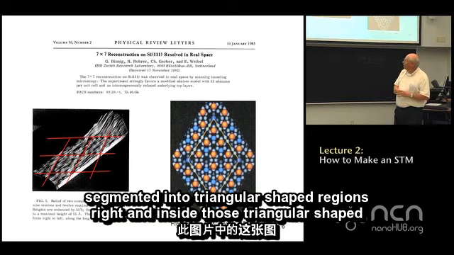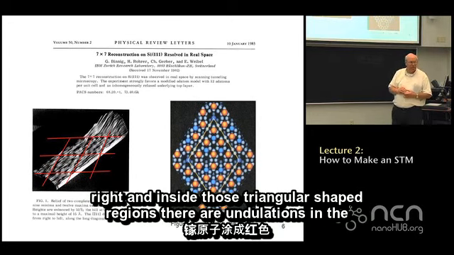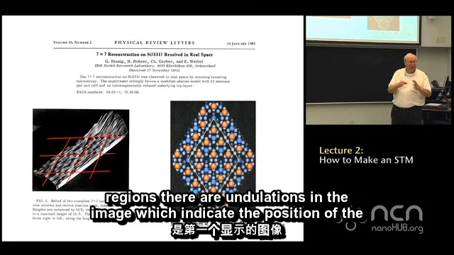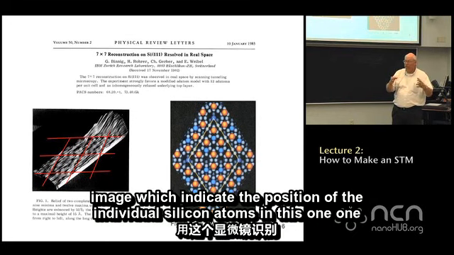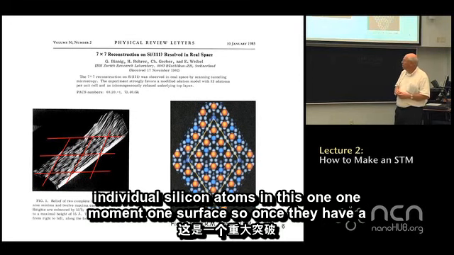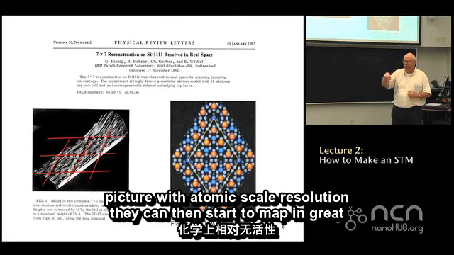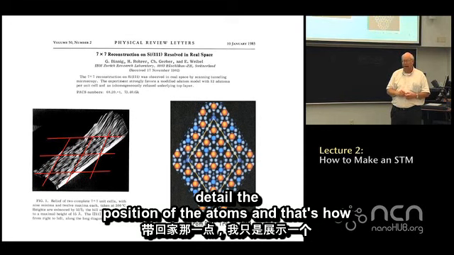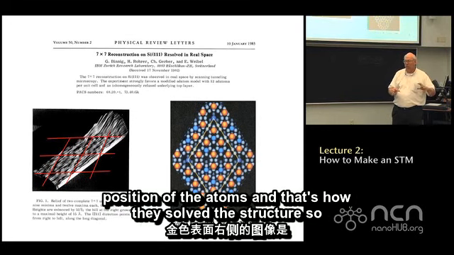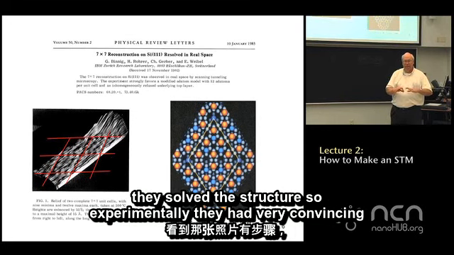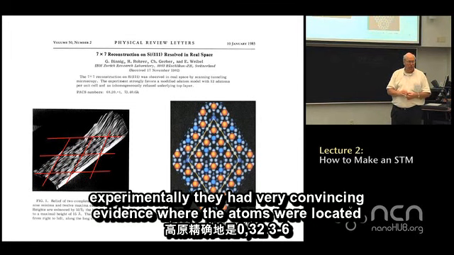And inside those triangular shaped regions, there are undulations in the image which indicate the position of the individual silicon atoms in this 111 surface. So once they have a picture with atomic scale resolution, they can then start to map in great detail the position of the atoms. And that's how they solved the structure. So experimentally, they had very convincing evidence where the atoms were located.